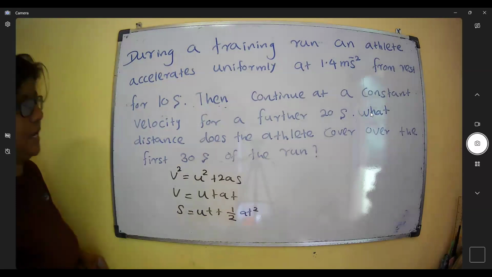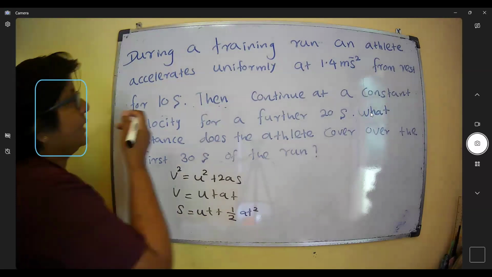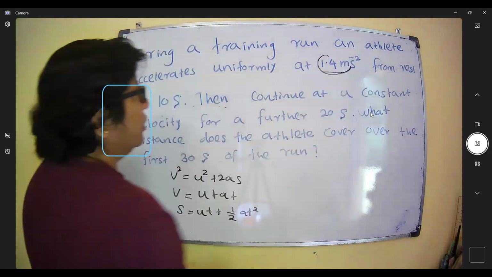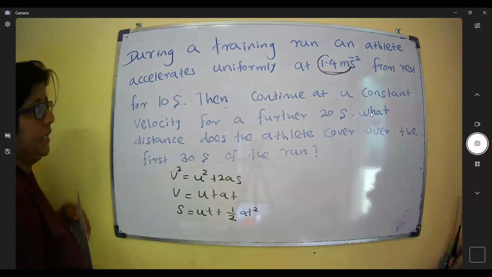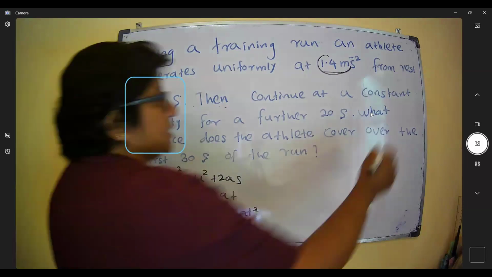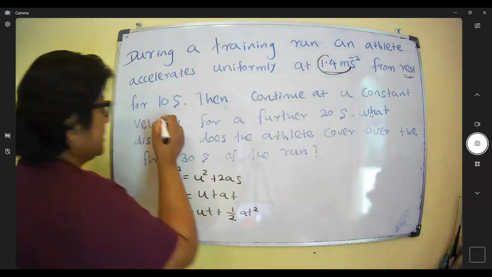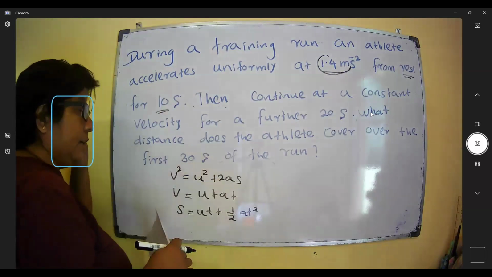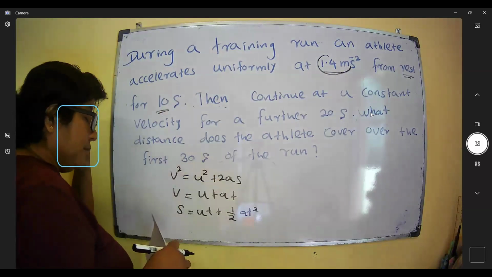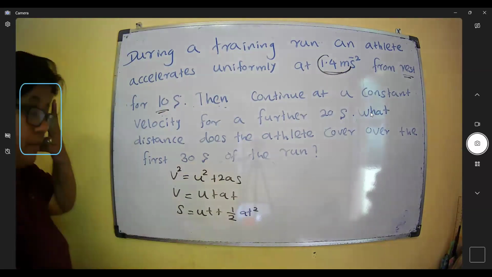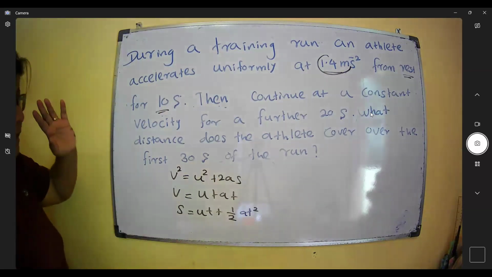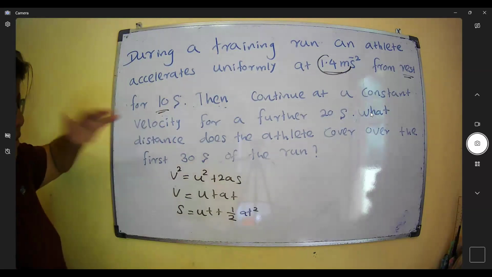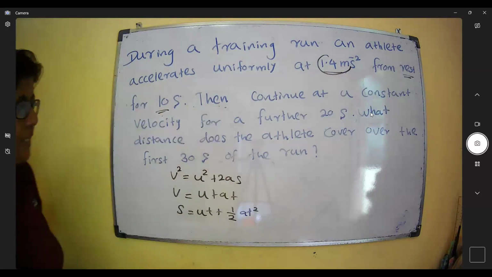For the first 10 seconds, the athlete has uniform acceleration of 1.4, starting from rest. After the 10 seconds, they reach some velocity, then continue at constant velocity for a further 20 seconds.